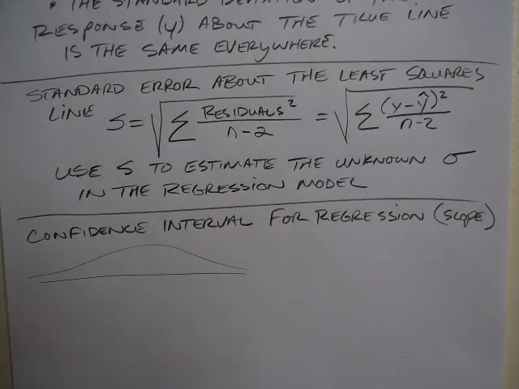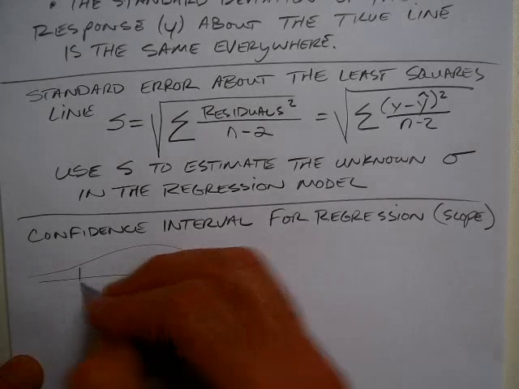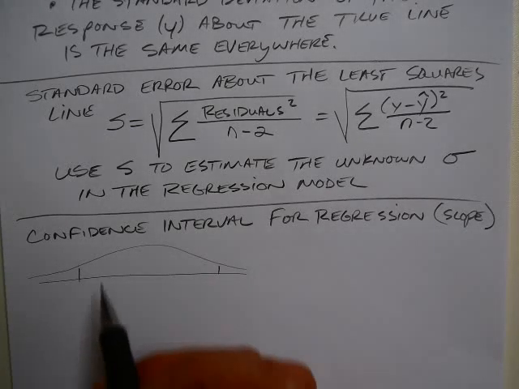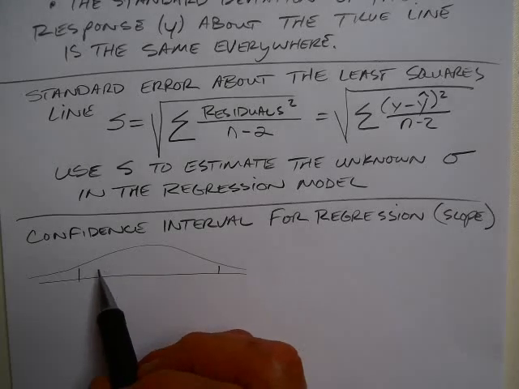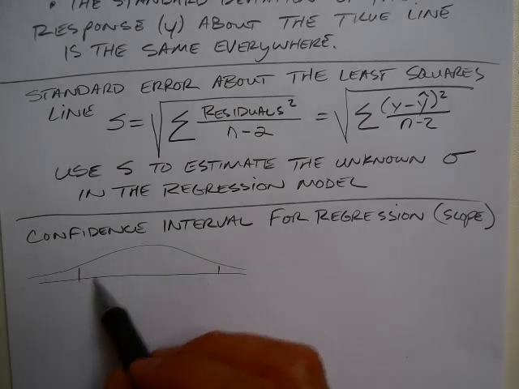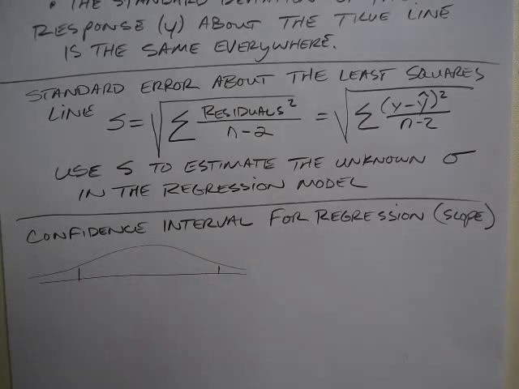Quick reminder, confidence interval gives us some percent in the middle, and we're saying that the slope of the true line is basically what we're going to be looking at. We're 95% confident that the slope of the true line falls between these two values.